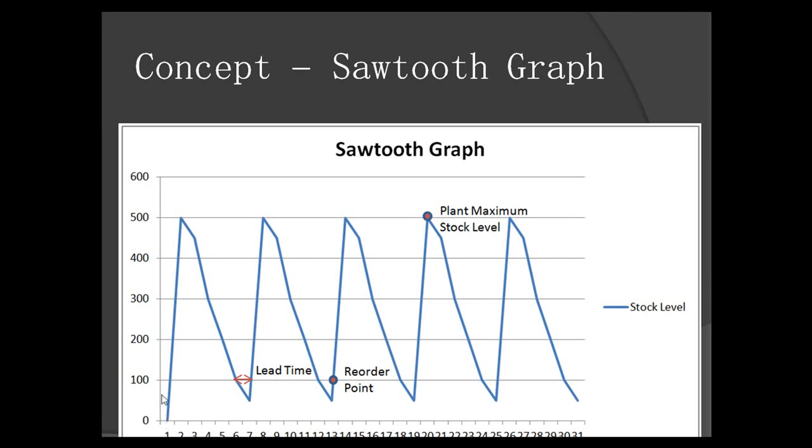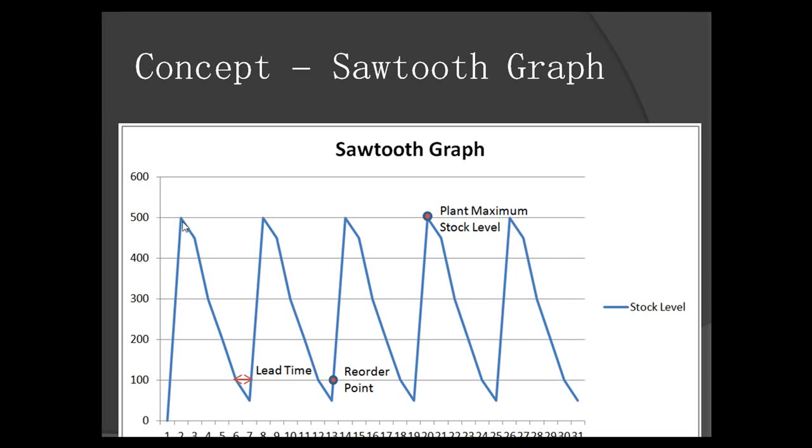And on this axis you have the stock level, in other words, the quantity of the material that you have in your stock. Let's just say in the first day of the month you have performed a goods receipt. So you went from 0 quantity and now you have 500 quantity. Okay.